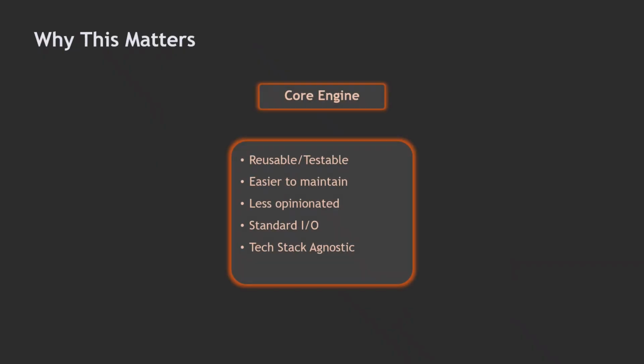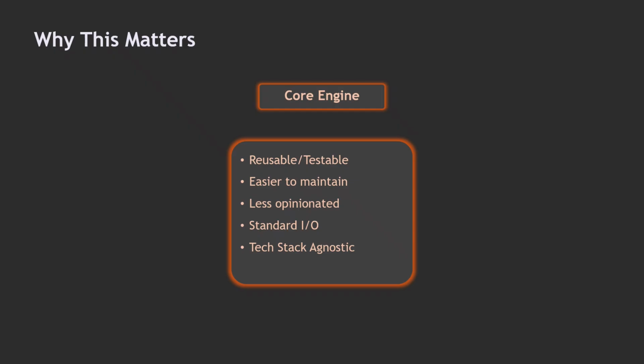So why is this important? By rebuilding the core engine this way, it would be reusable and testable. That's an important thing. Easier to maintain, and one of the things I like about it is it's less opinionated regarding the workflow. We also standardize the input and output, and finally, it's tech agnostic.